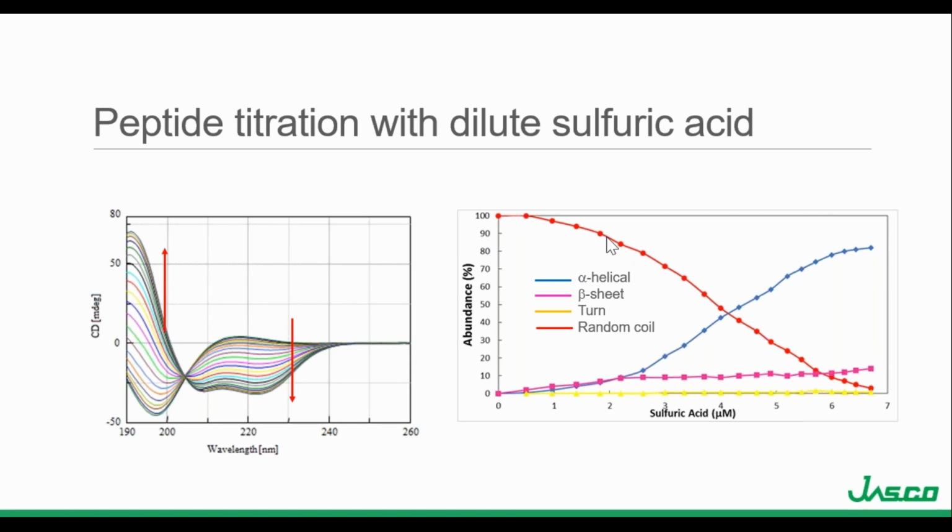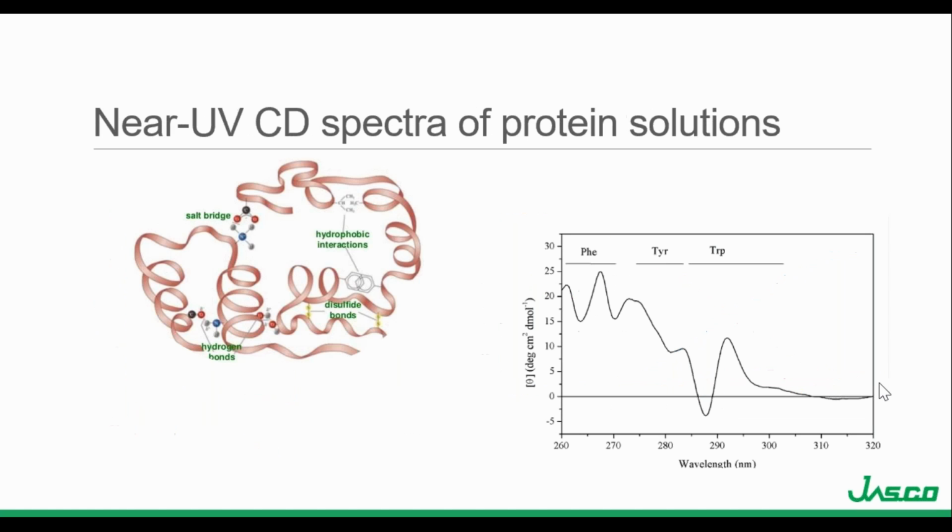On the right, we have the secondary structure abundance ratios as a function of the sulfuric acid concentration. And as the peptide solution becomes more acidic due to the addition of sulfuric acid, the alpha helical ratio is going to increase, which is shown in blue, concomitantly with the decrease in the random coil structure.